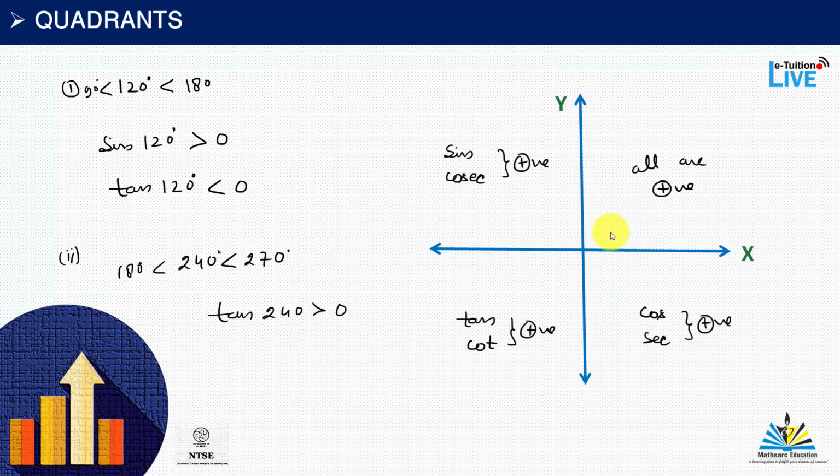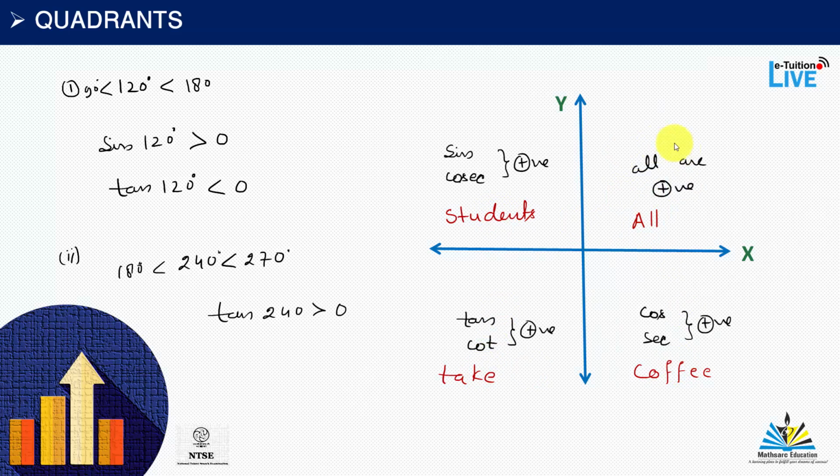You can memorize this like: all, sine and cosec, that is students, tan, that is take, cos for coffee. So you can remember this by using "All Students Take Coffee".